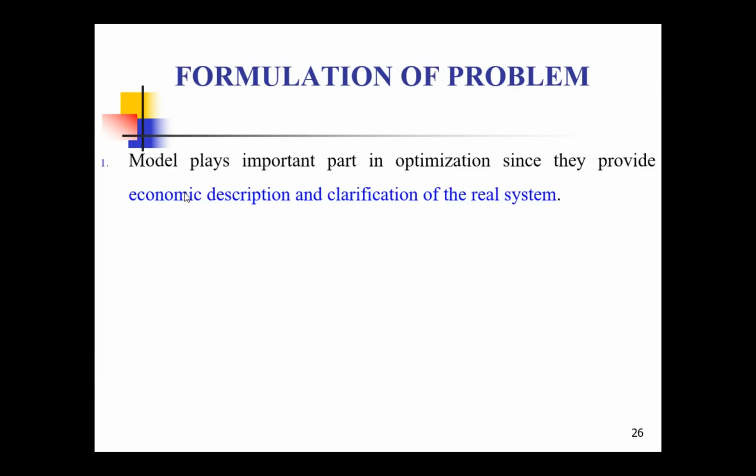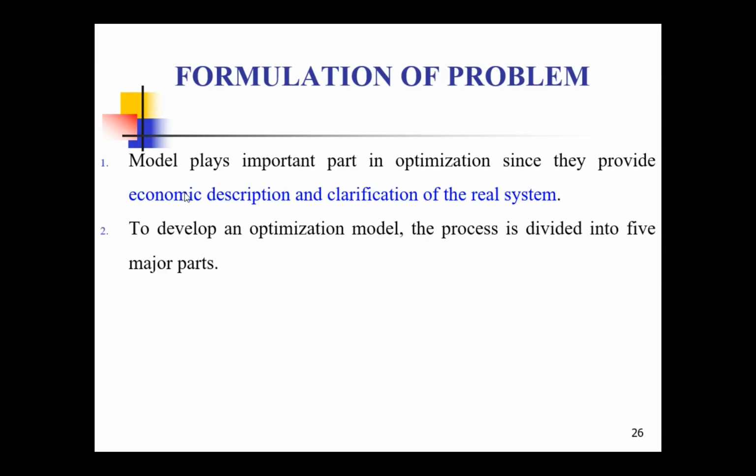So in the formulation of the problem, the model that we are going to develop should describe the economical aspects and the exact representation of the real system. So in order to develop an optimization model, the process should be divided into 5 major parts.